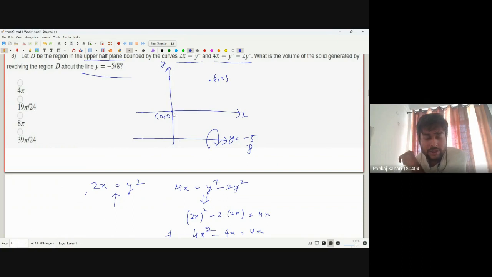So our curves, there are two curves. Let's say this is our first curve, and then there is a second curve, and they intersect at these 2 points, and this is our region in the upper half plane. And this region we are revolving about the line y equal to minus 5 by 8.